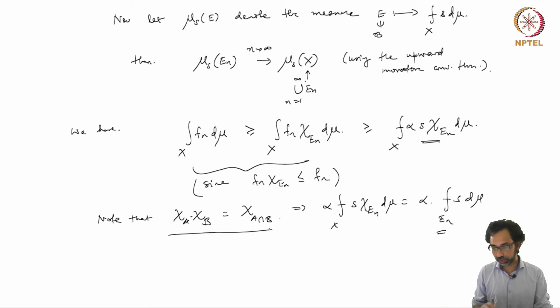So when you multiply s with chi_{E_n}, you get the simple integral over E_n itself. So now this is nothing but alpha times mu_s of E_n, and now we can take the limit on the right hand side.